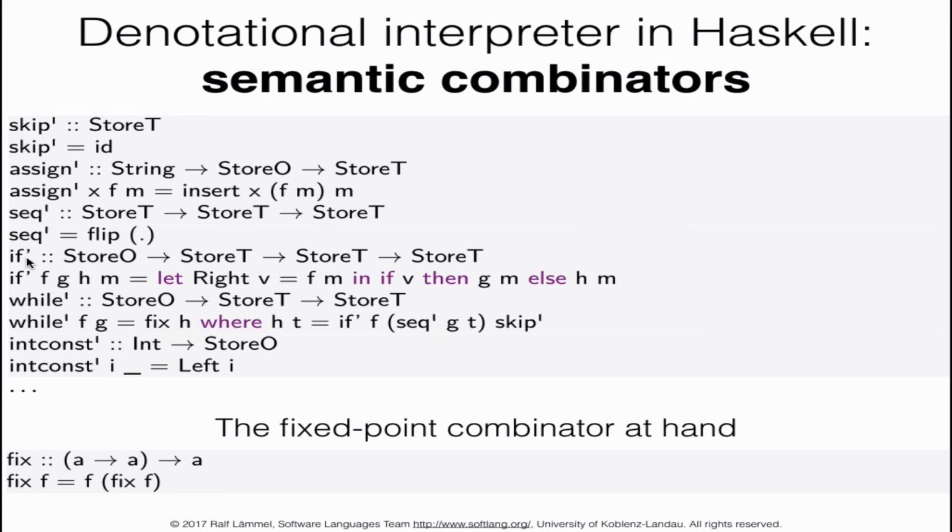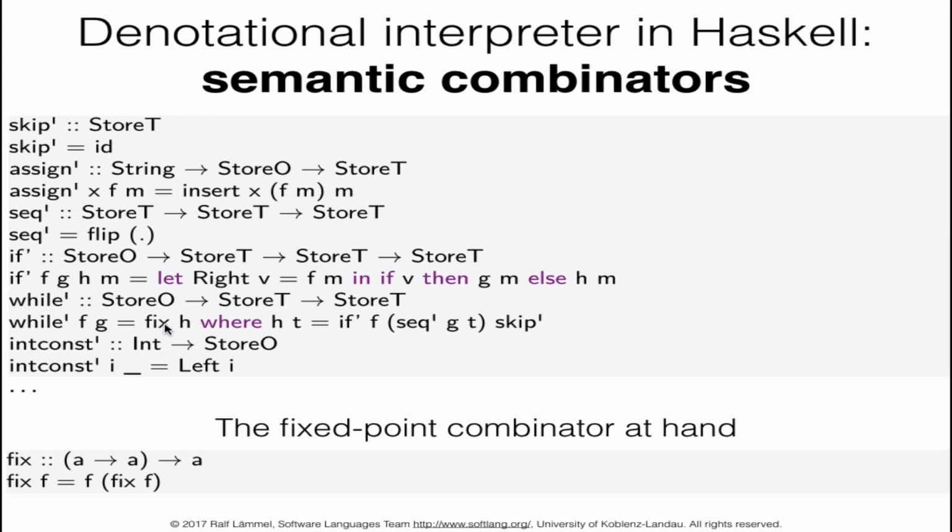This is the semantic combinator for if statements. Essentially, we just translate it to an if expression of the host language. And here we've got the while prime combinator, and we do the very same as in our semi-formal development.